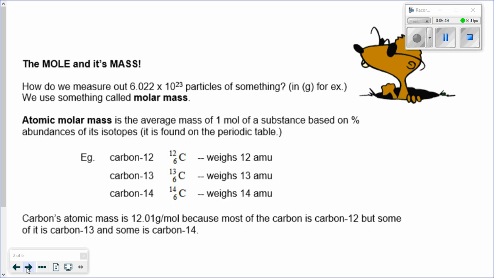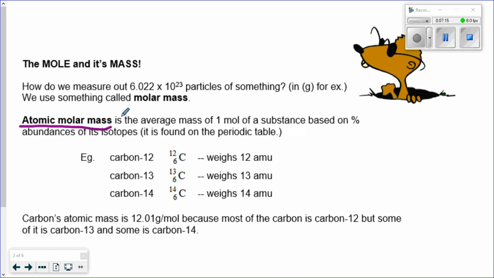So how do we measure out 6.022 times 10 to the power of 23 particles of something? We use something called molar mass. This is going to come out of your periodic table, so hopefully you still have it close to you. So atomic molar mass is the average mass of 1 mole of a substance based on the percentage abundance of its isotopes.